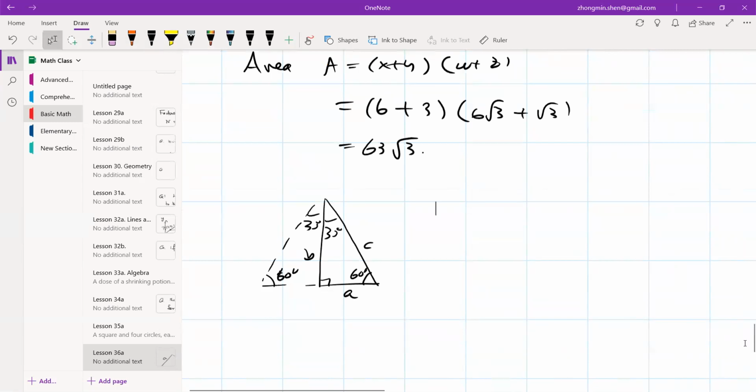Clearly B becomes the height of this equilateral triangle. A should be half of C, because this side is C. A is going to be half of C, or A over C equals 1/2. But C is already the diagonal.